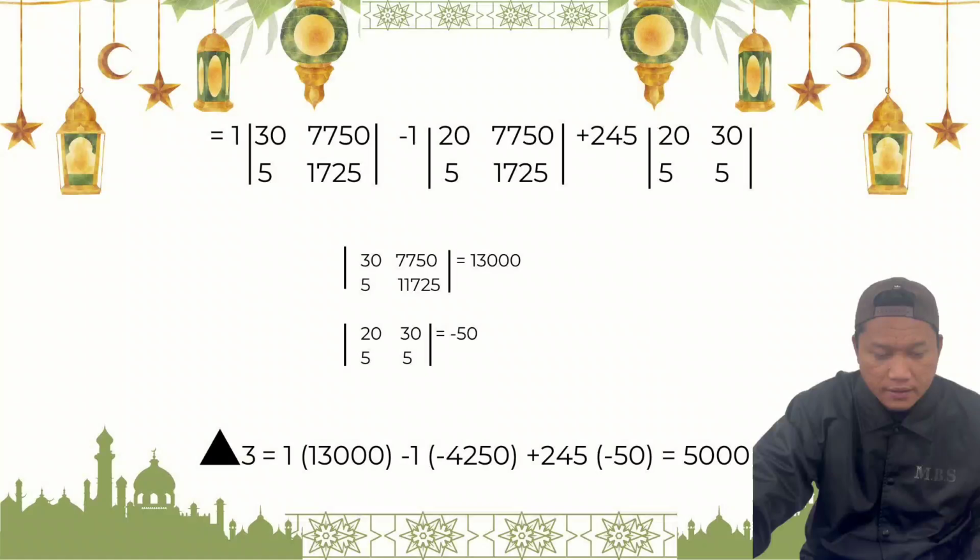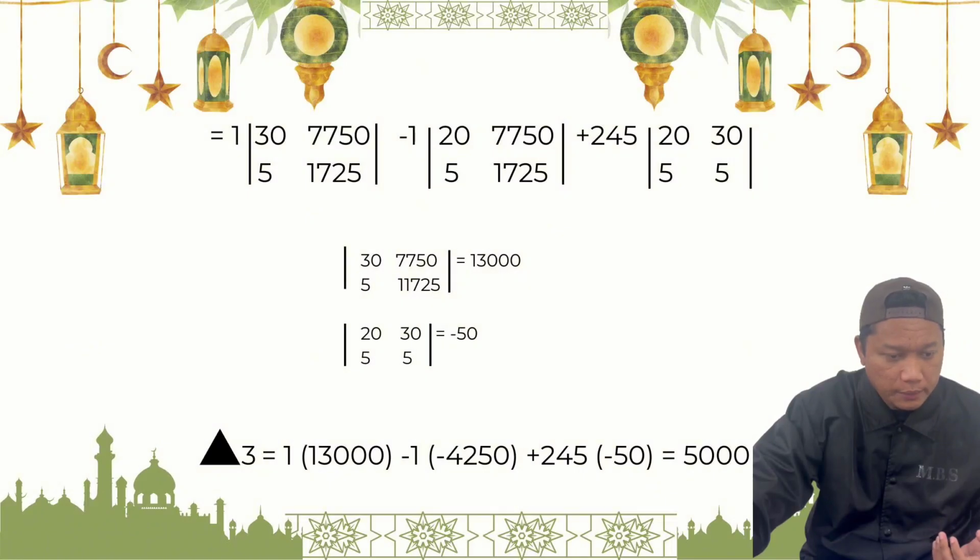Second determinant [20, 30; 5, 5]. Multiply 20 by 5, then subtract the product of 30 by 5. 100 minus 150 equals negative 50.